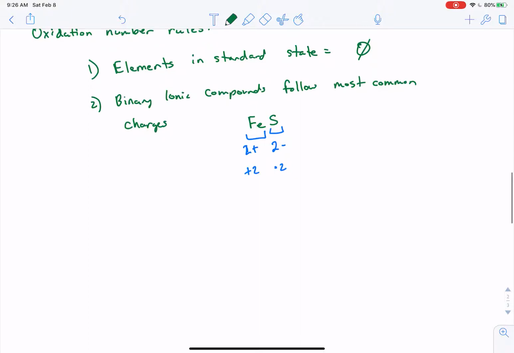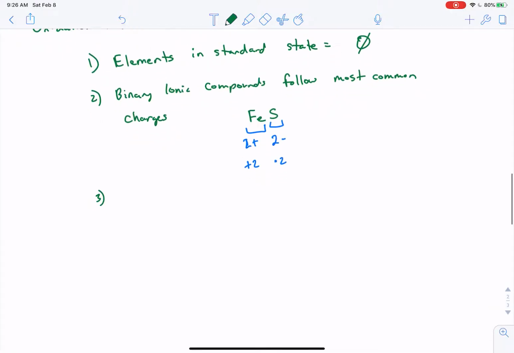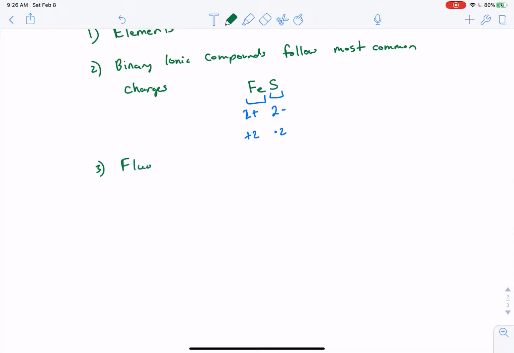So, next thing. 3. Fluorine, when bonded, is -1. Always. Okay? So, fluorine when bonded is -1 always.